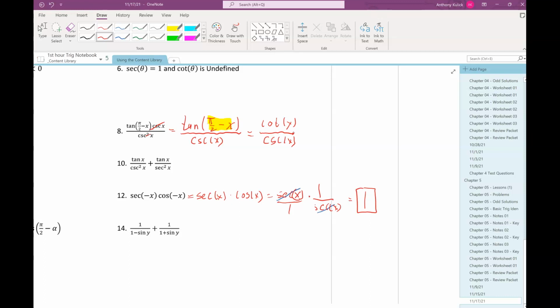So far, so good. Okay. Now what I'll do is I think the easiest way to deal with this is to think about this as like 2 separate fractions.